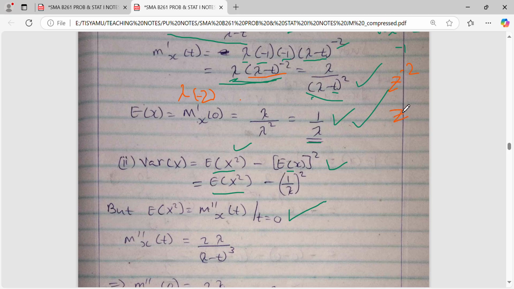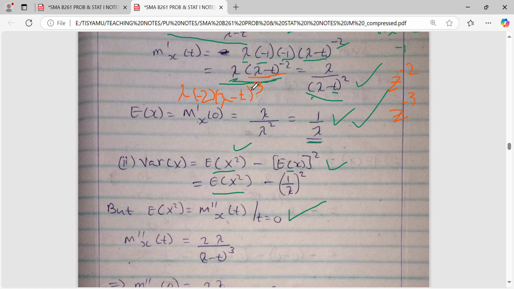It will be the same as negative 3. But z we have said is the same as lambda minus t. So you can see here we are going to have lambda minus t raised to negative 3.